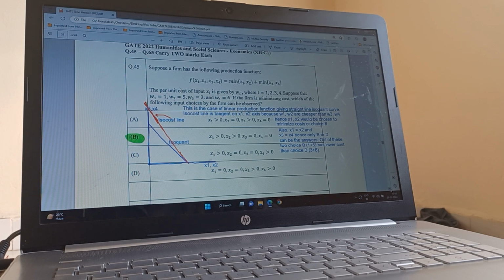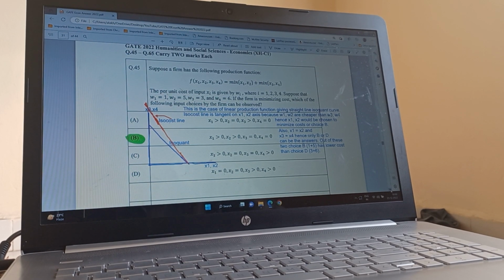Suppose that w1 is equal to 1, w2 is equal to 5, w3 is equal to 3, and w4 is equal to 6. So these are the wages of x1, x2, x3, x4 respectively. If the firm is minimizing cost, which of the following input choices by the firm can be observed?